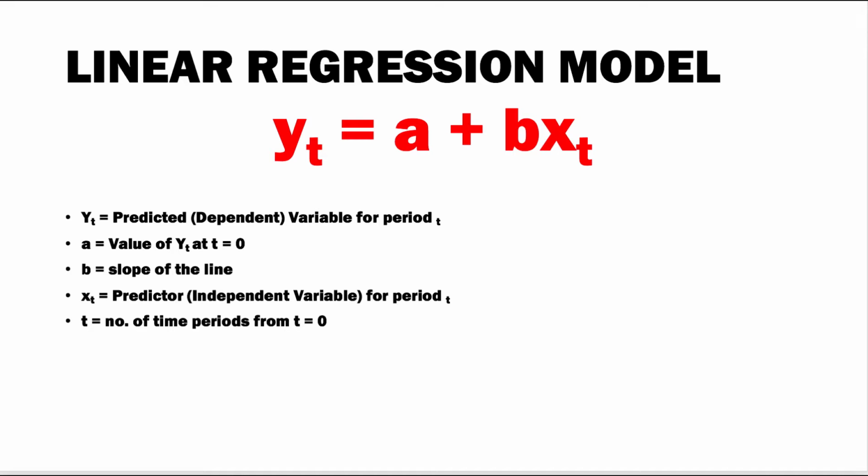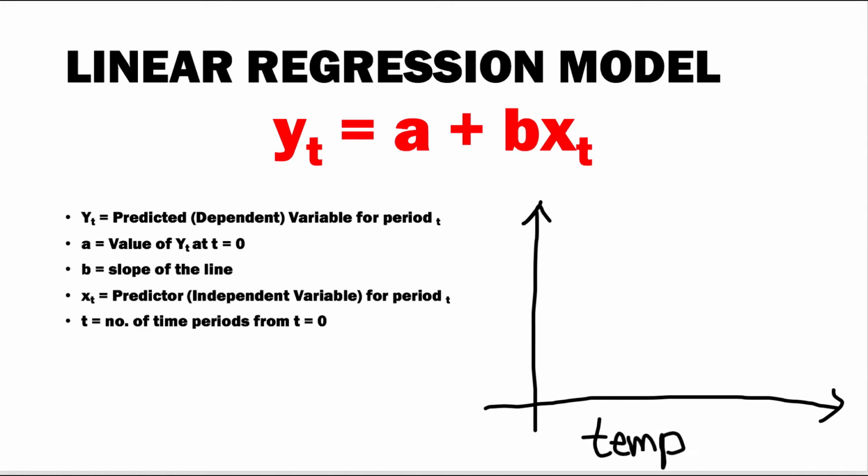Here we have our X and Y. Because we are forecasting sales dependent on outdoor temperature, the temperature outside will be our X value, and Y will be our sales of ice cream. What we are saying here is that our sales are dependent on our temperature, which is the X value.